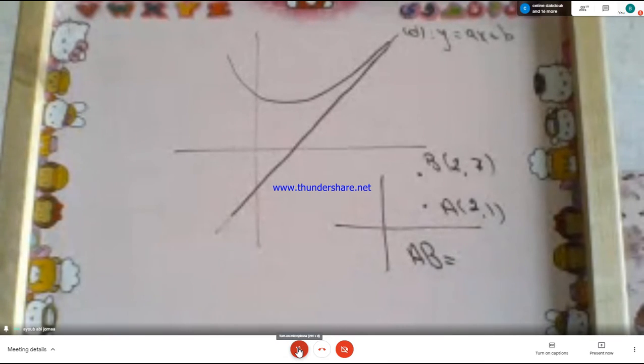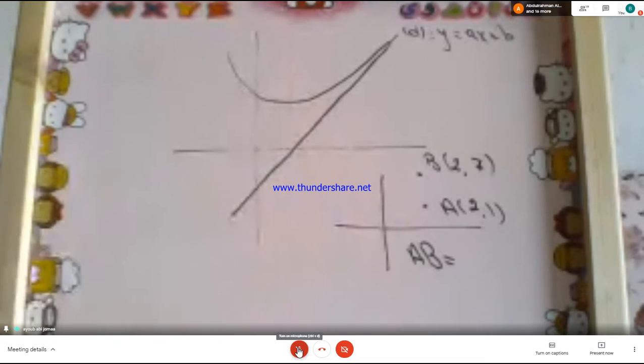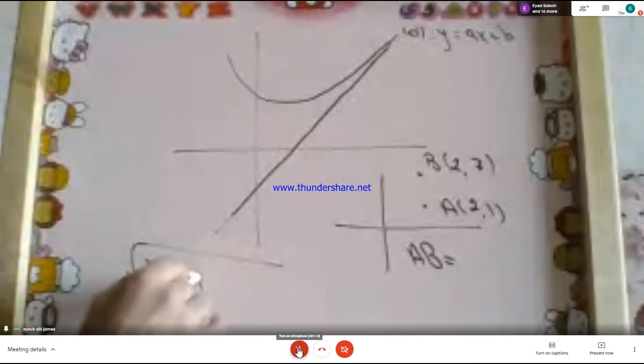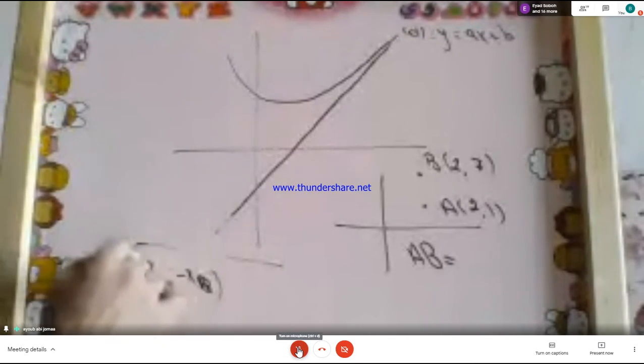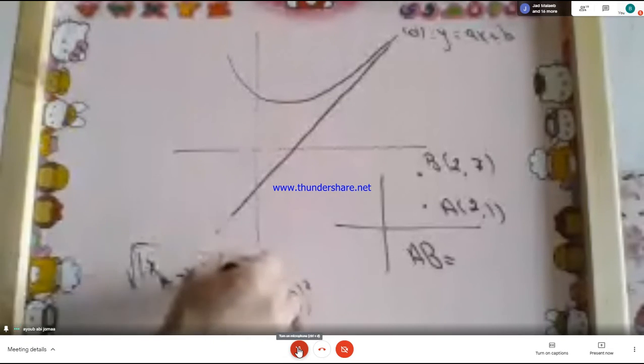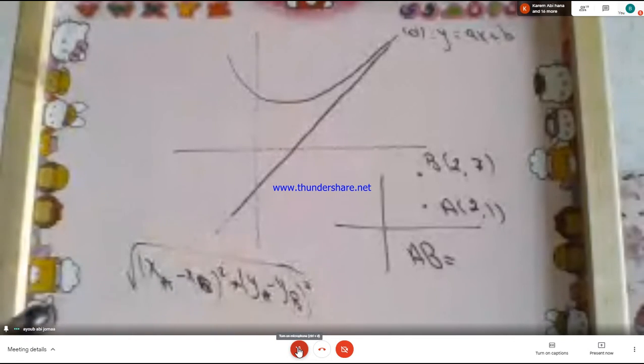Not the slope of the line, I'm asking about the distance from A to B. Sir, is it the radical: (XA minus XB) squared plus (YB minus YA) squared. Or YB minus YA, because we have a square. No difference. Good.